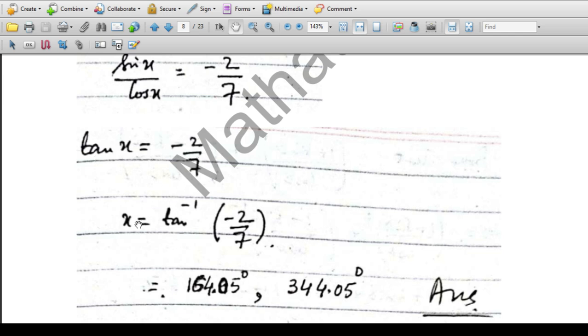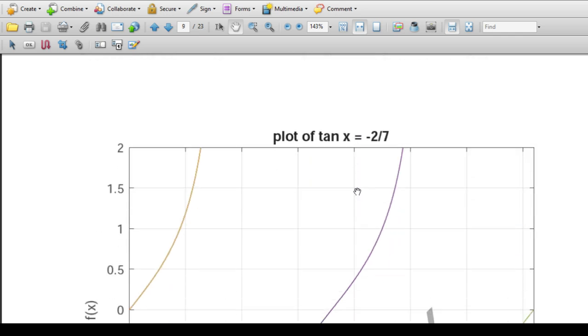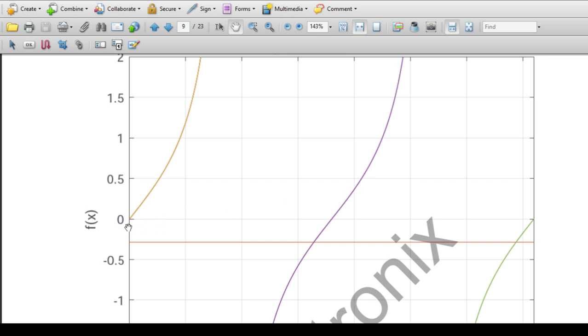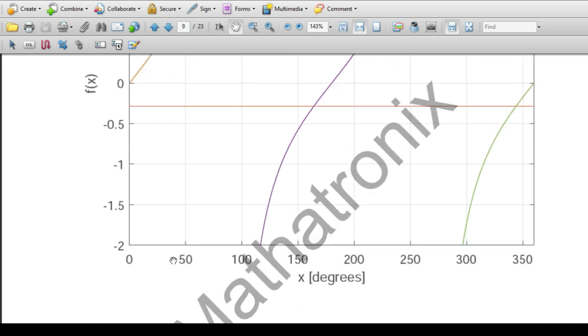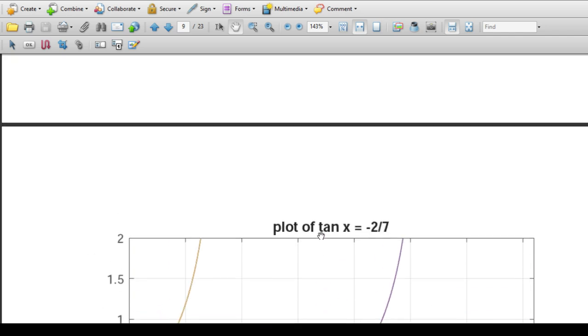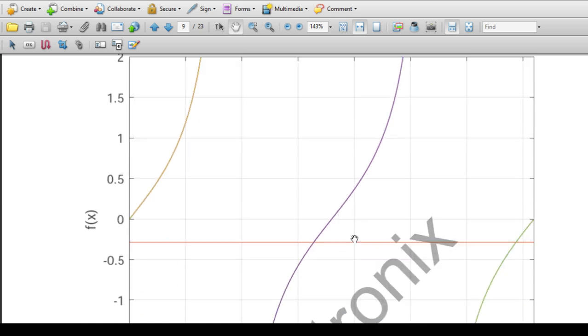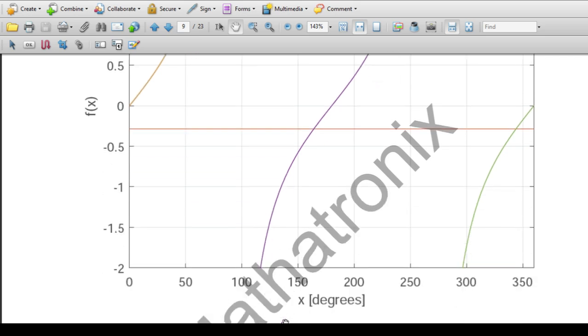We have plotted it and we have obtained this for 0 to 360 degrees. We have plotted this tangent x. So this is tangent x, right?